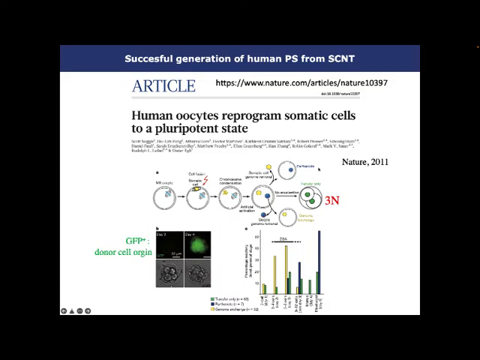parthenogenesis, 처녀생식 in Korean. And the second case is they didn't do anything and let it develop, and this is 3N, because the egg nucleus has N and the somatic cell has 2N, and this 3N embryo, surprisingly, can develop up to the blastocyst stage.